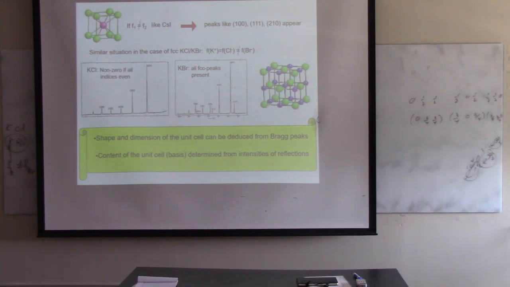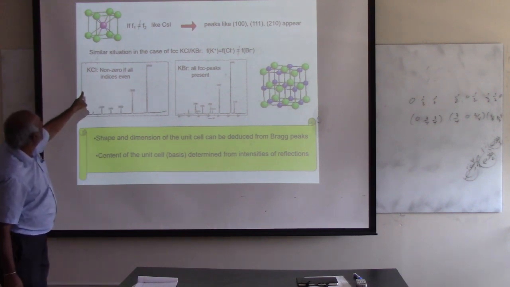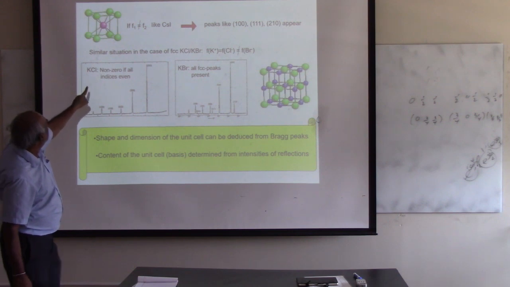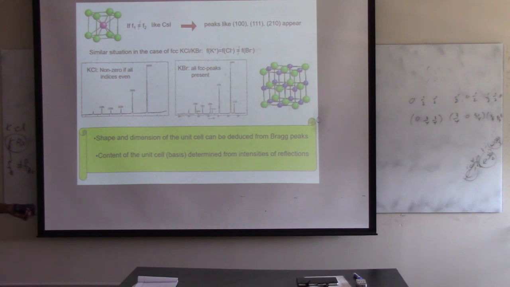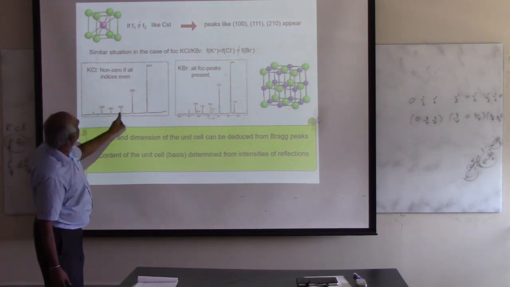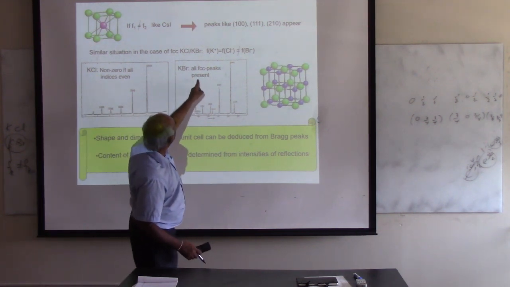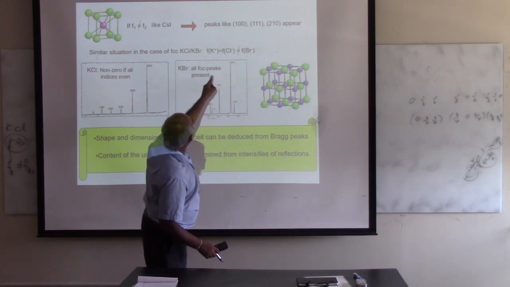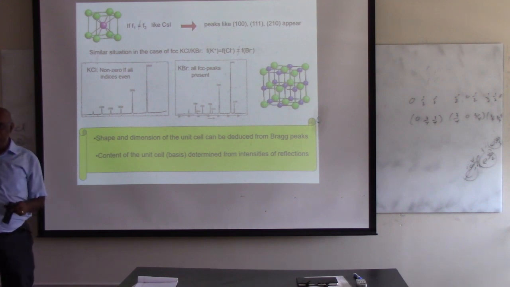If you take potassium chloride, it is non-zero if all indices are even. We know for FCC, you need to have either all even or all odd, right? So here for all the even indices, you have these peaks. But for the potassium bromide, you can only get that requirement, right?